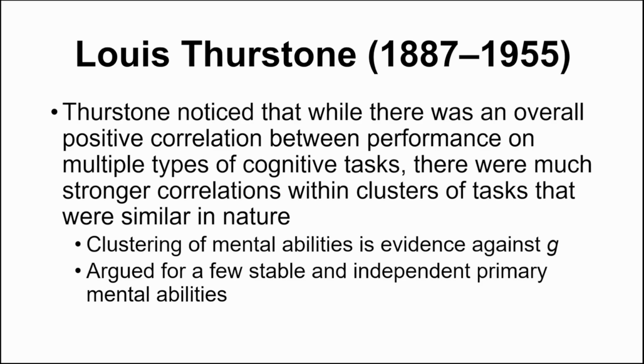And so Thurstone interpreted this, saying that this clustering, this ability to find these really, really strong correlations within groups and weaker correlations between groups, is evidence against the existence of this g. And there must be something else. So he actually argued for describing just those individual clusters. So let's have just a few stable and relatively independent primary mental abilities, and those are what make up intelligence.